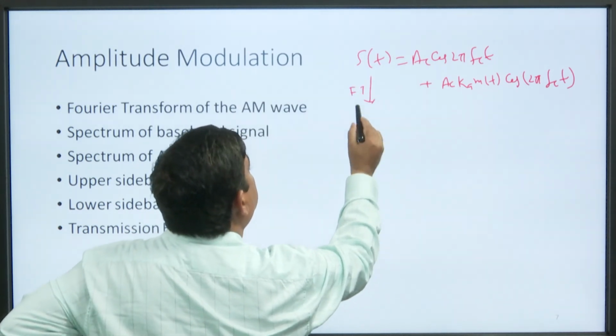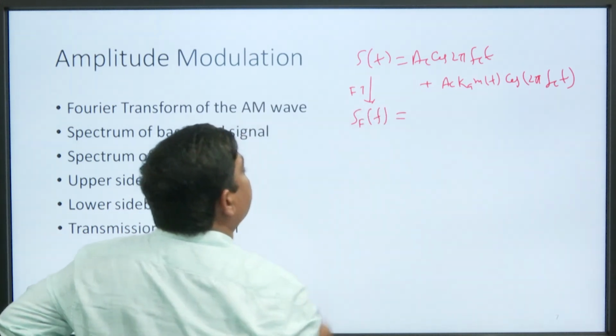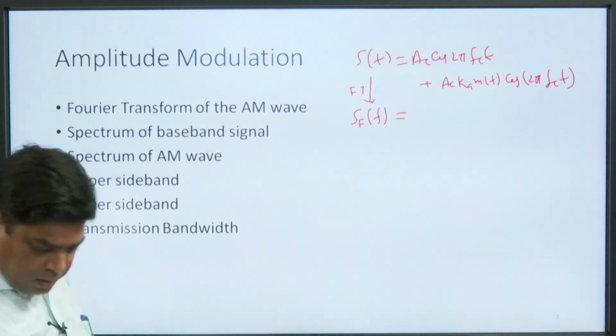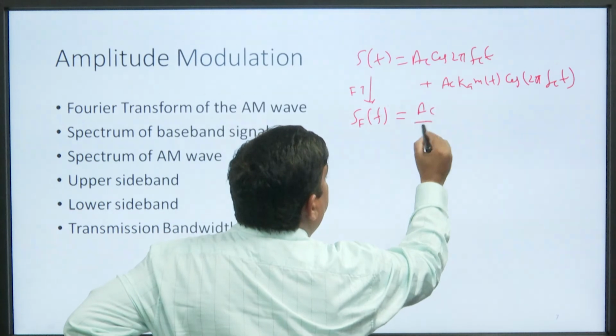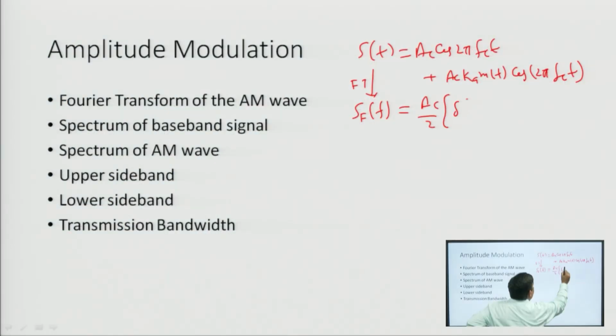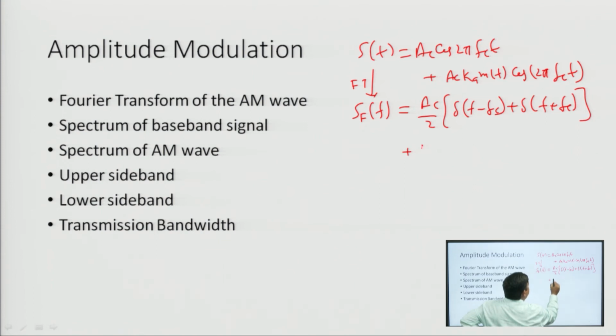suppose this is S(f), a function of f. Then for Ac cos 2 pi fc t, we can find its Fourier transform, that is Ac by 2 [delta(f minus fc) plus delta(f plus fc)], plus Ac ka by 2 along with its magnitude also, I think.